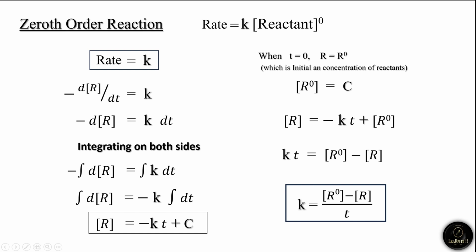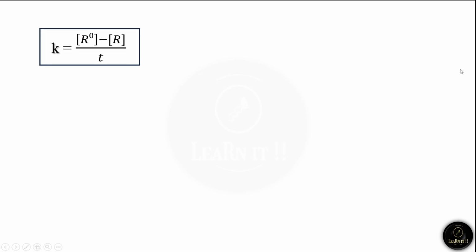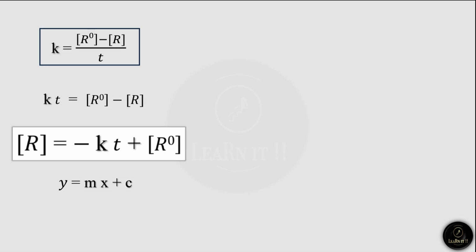Coming back to zeroth order reaction, if we take the integrated rate equation for zeroth order reaction and rearrange it, that is Kt equals [R]0 minus [R], we get the equation y is equal to mx plus c.